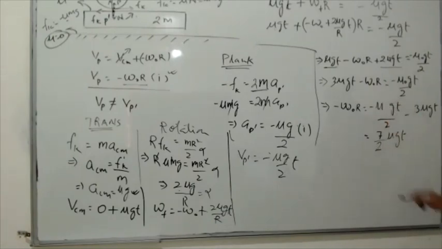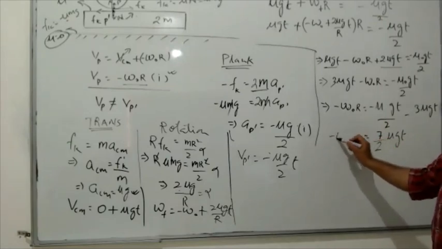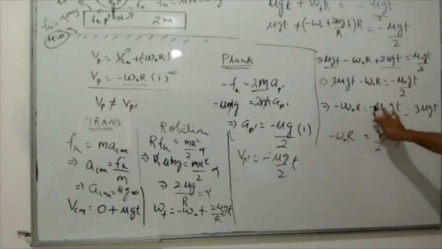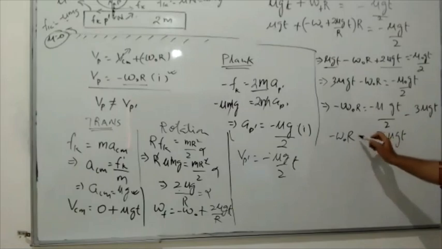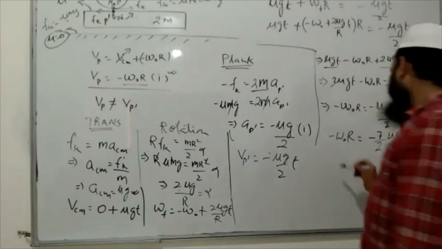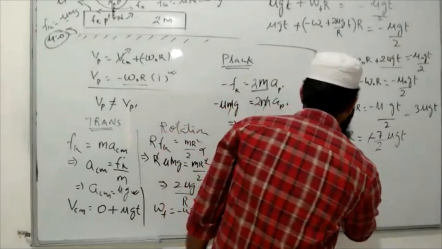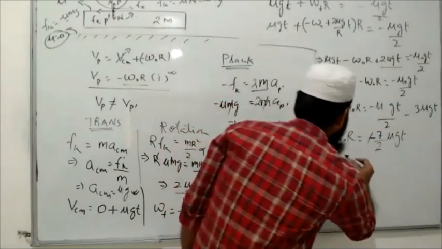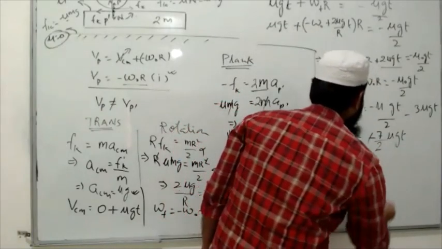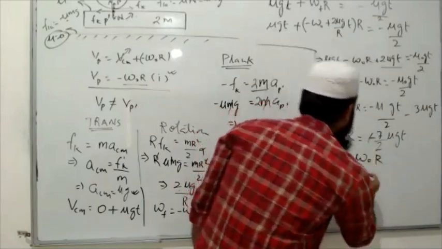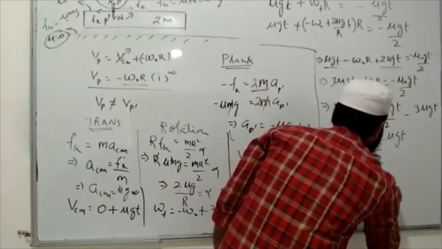Is it clear? This will be equal to minus omega into r, and you can cancel out the minus sign, and the value of t will be 2 into omega naught into r divided by 7 into mu into g.